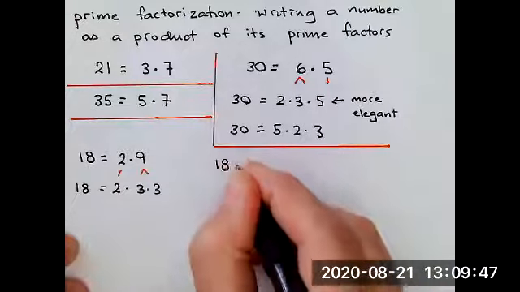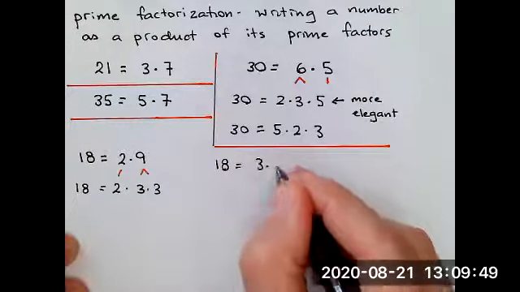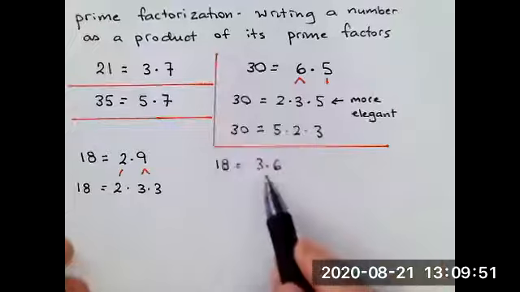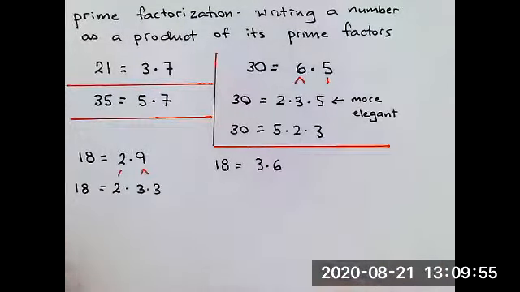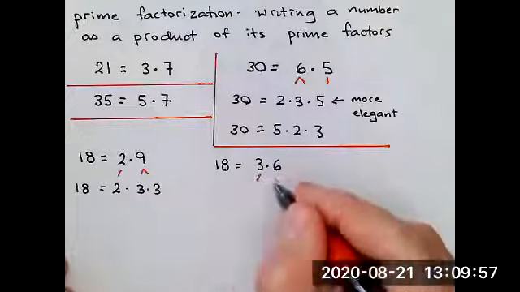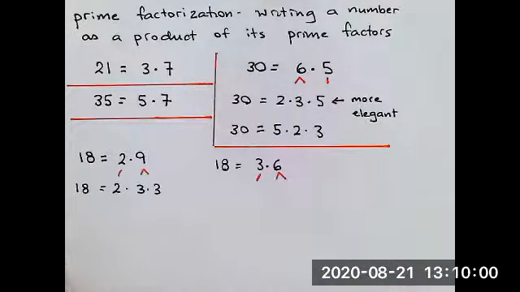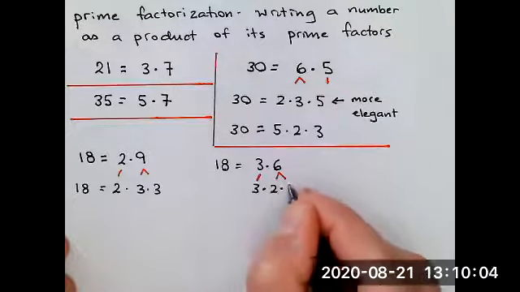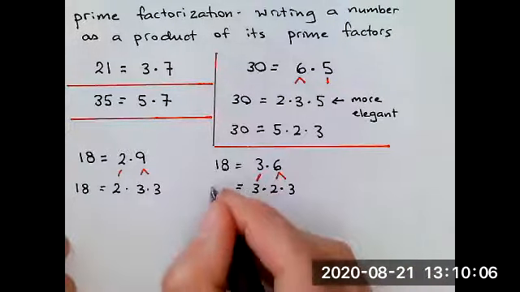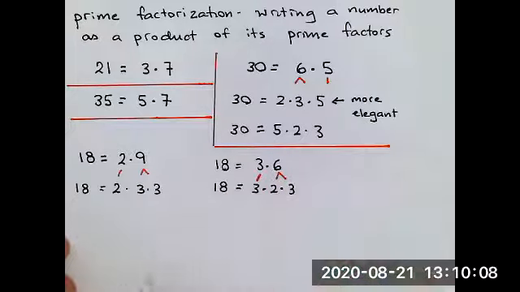But if you had started with 3 times 6, you would say, yes, 3 is a prime, but 6 is not. I'll bring down the 3 and break down the 6. And then you would check, is 2 times 3 times 3 the same thing as 3 times 2 times 3?